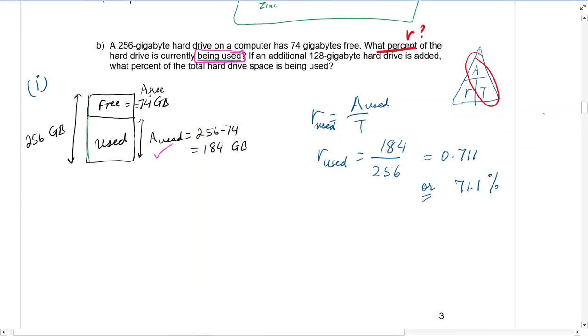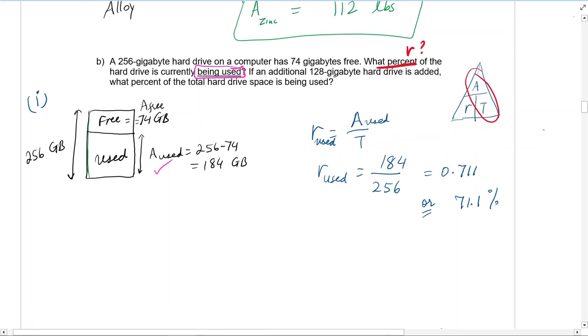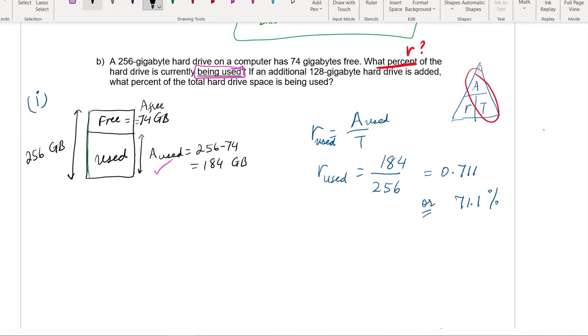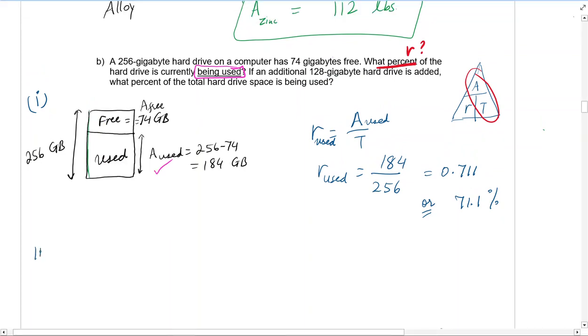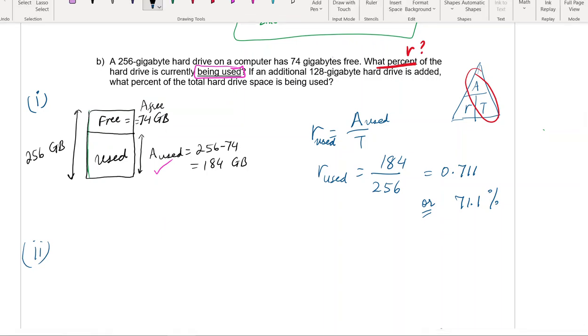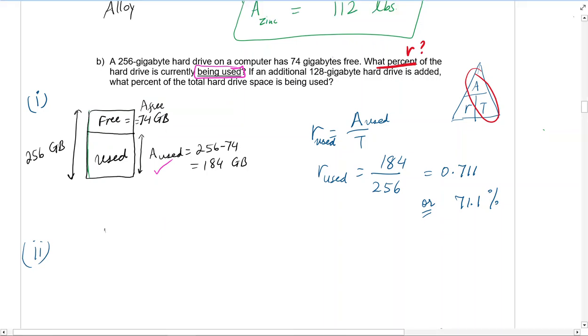So now they're saying if an additional 128 gigabyte is added. Okay, so it's the same scenario, but earlier we had some empty space. So this is what we had before, the box we have up there.